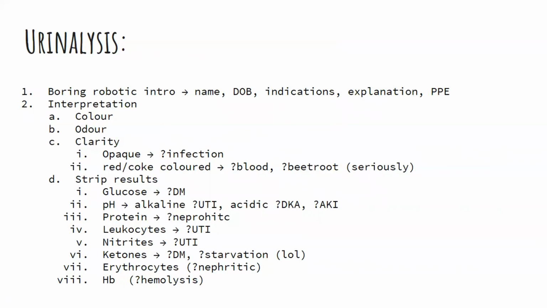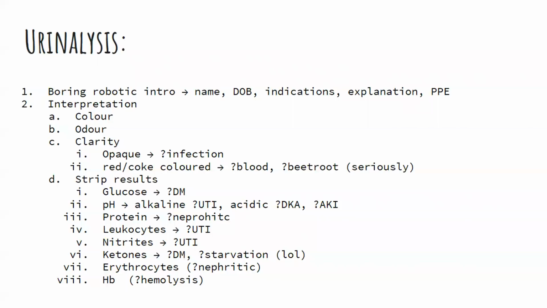So what do they mean? If there's sugar in the urine, the thing you're thinking of is diabetes, obviously. Looking at the pH, if it's alkaline, then you're more likely thinking about a UTI. The confusing thing is, a lot of the time you can go to the shop and buy this thing, I can't remember what it's called, that's supposed to stop UTIs and it makes your urine more alkaline.